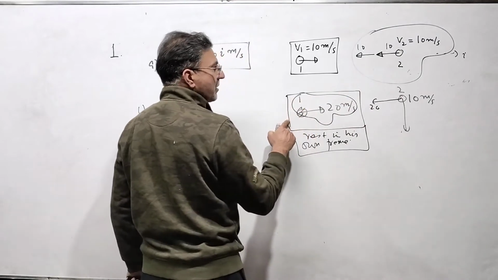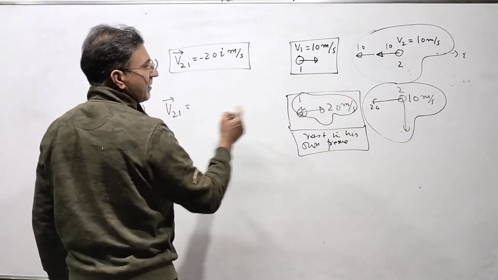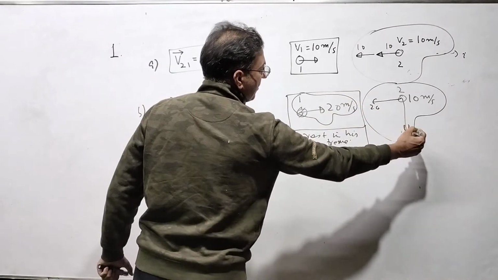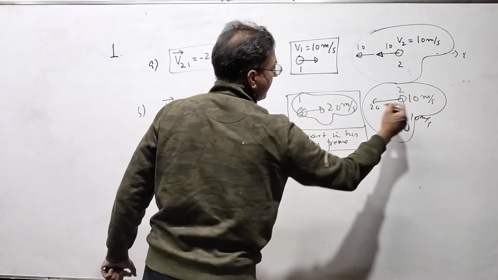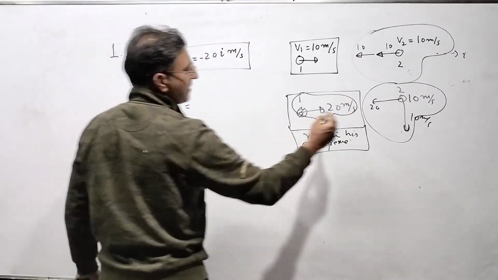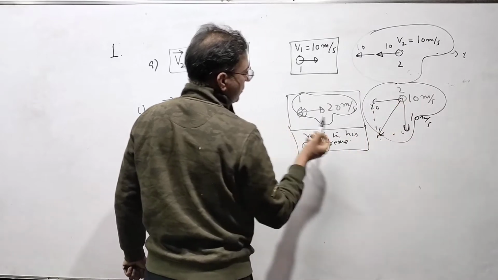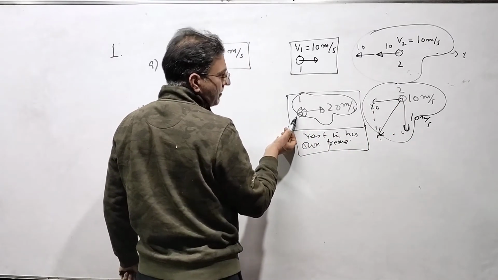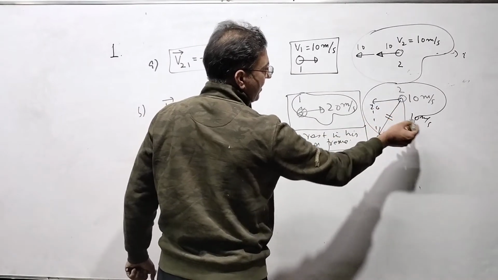Now he will observe the velocity of the second particle, the resultant of these two. What is the resultant of these two? The resultant can be found like this. This is the resultant. So this observer will feel the velocity of the second particle as this.